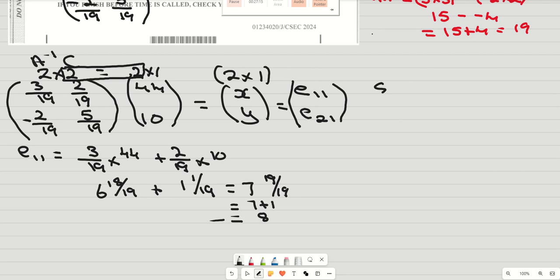So E11 is 8. Let's find E21, that's your second row multiplied by your first column.